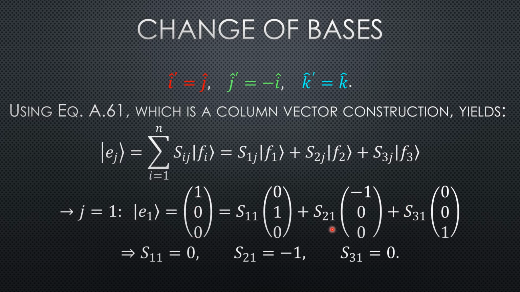Lastly, following the same argument from S11, the only contribution this needs to give in order to reconstruct this is 0. The only way to get a 0 with a 1 multiplying by something is to multiply by 0. So we're good to go. And using this inspection method, we can find all components of the transformation matrix S.